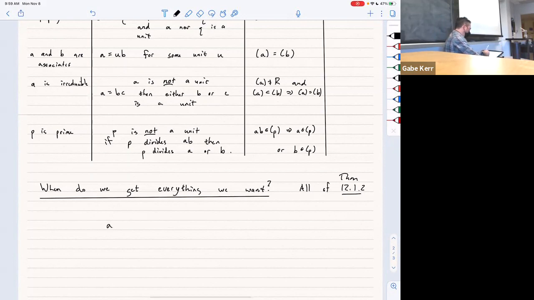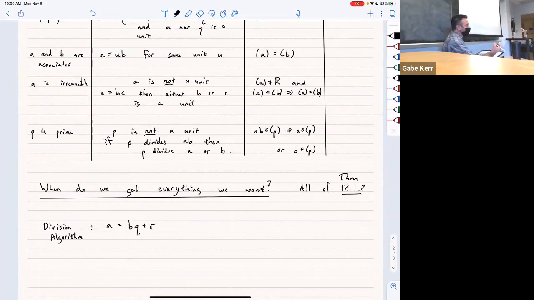We have this theorem, the division algorithm, that said if we had an A and a B, we could divide A by B and get a remainder R. But there was this part of the theorem that was really important for all of the theorems that we used, which is that the remainder R was in some sense smaller than B.